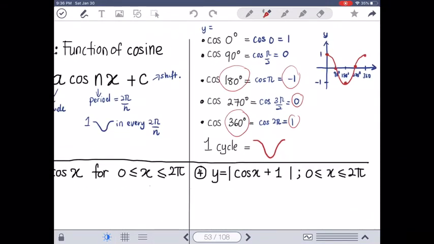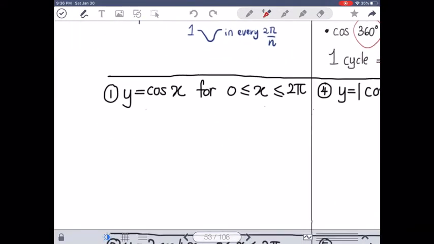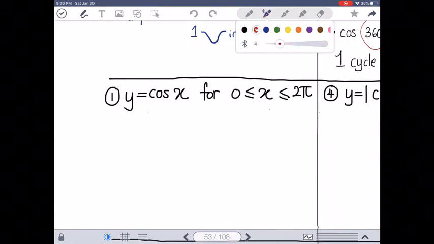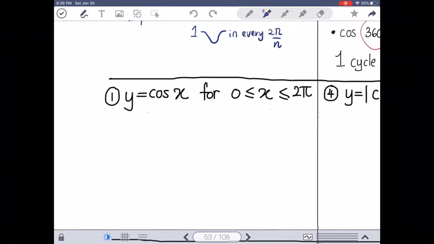Now let's have a look at the first example. Draw the graph of y equals cos x. As usual, generally it's y equals a cos(nx plus c). Our value of a is 1.